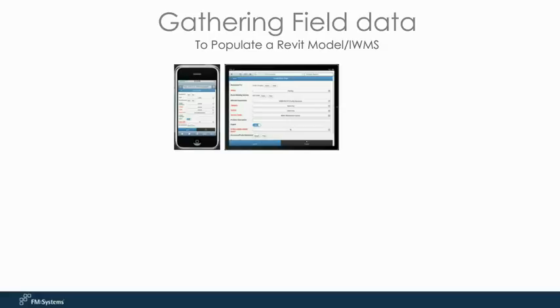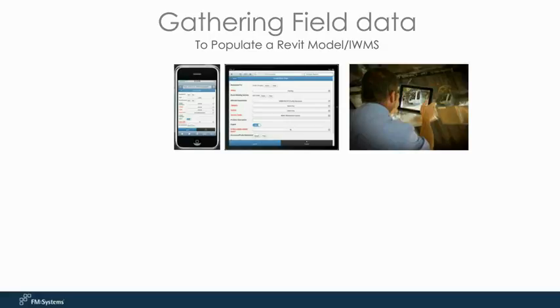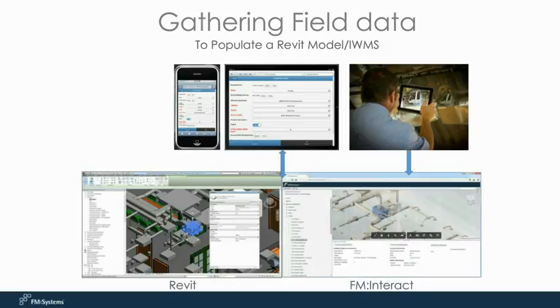The ability to access that out in the field very quickly and easily, as well as supplement that data with things such as photographs or pull up the actual model itself, and then have that bidirectionally synchronized not only with FM Interact, but as you make these changes, either in the field or in the office, if you've been given secure username and password access and you've got the appropriate role, you're actually updating the information in that model itself, which is incredibly powerful.